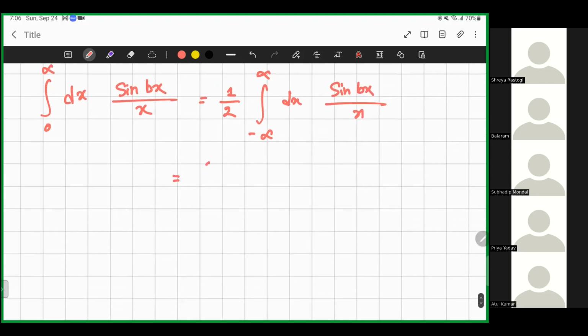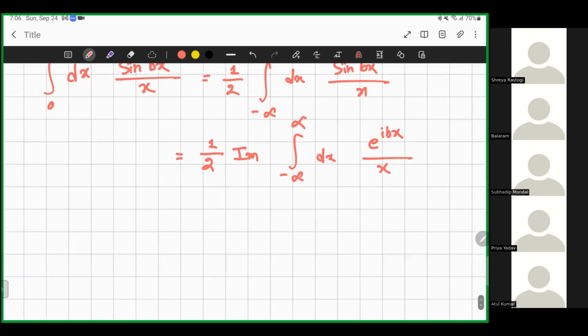So if we want to evaluate that, we can write it as the imaginary part of the integral from minus infinity to infinity dx of e to the power i bx by x, right? Because the imaginary part of e to the power i bx is essentially sine bx.